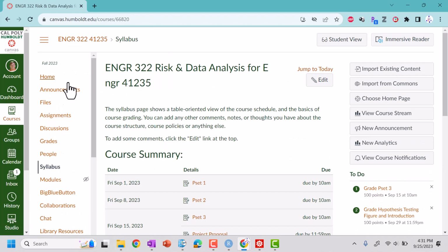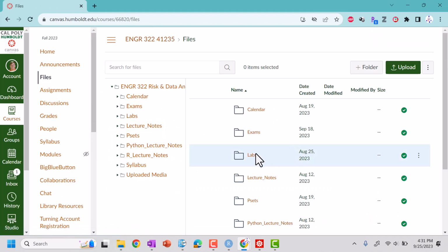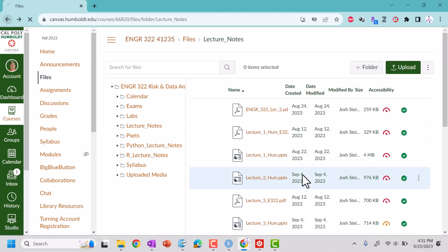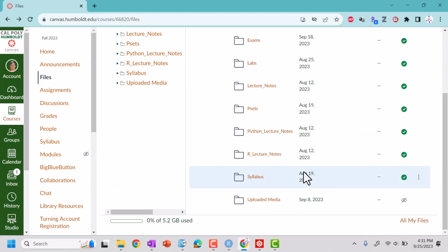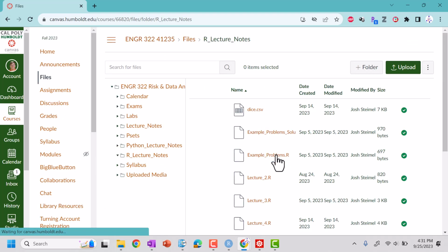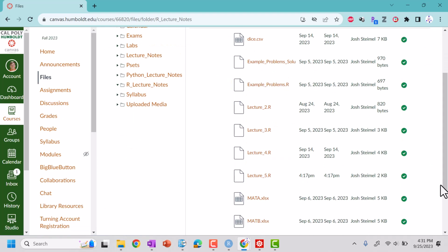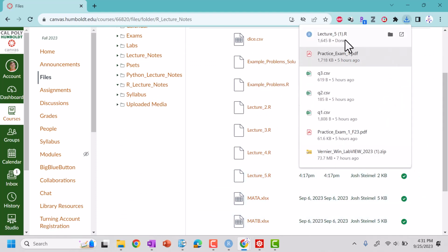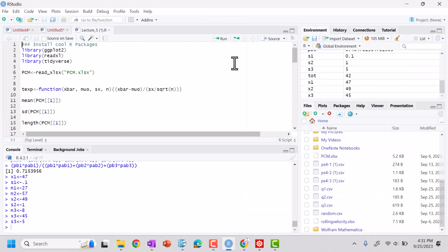Let's look at our files. We're going to get our lecture notes. If we're doing comparison, I'm going to take a peek at this one, and let's open this up.